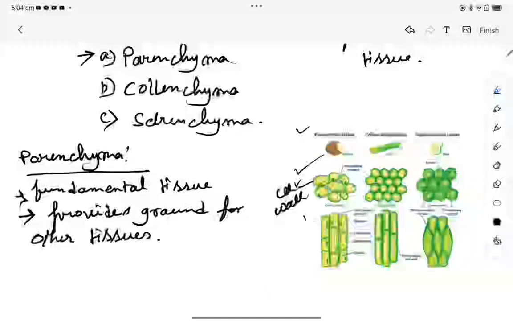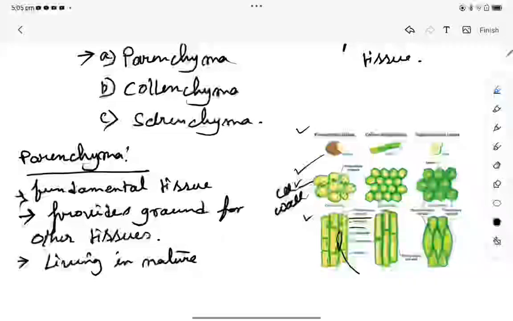And here is another view of parenchymatous cells. So their cell wall is thin. They have nucleus, cytoplasm is present, starch is present, and intercellular space is also present. If you see this portion, intercellular space is also present. And parenchymatous cells are living in nature, right?